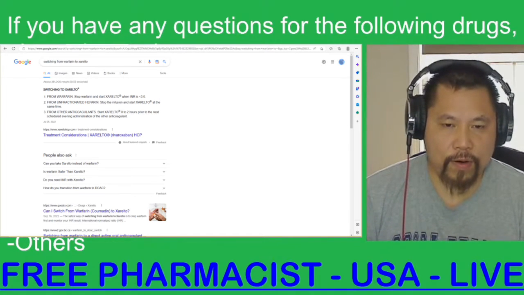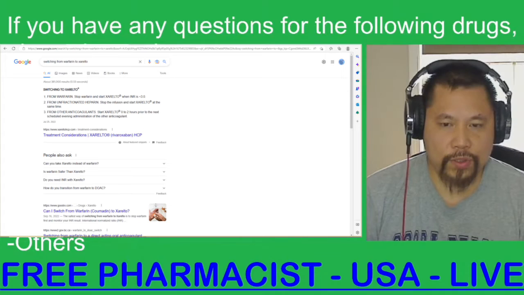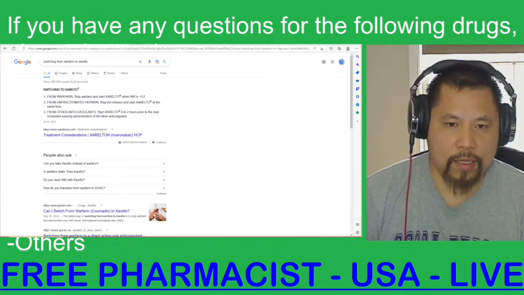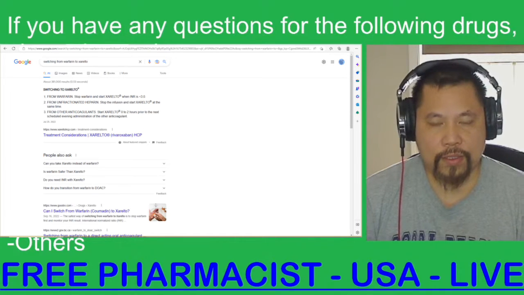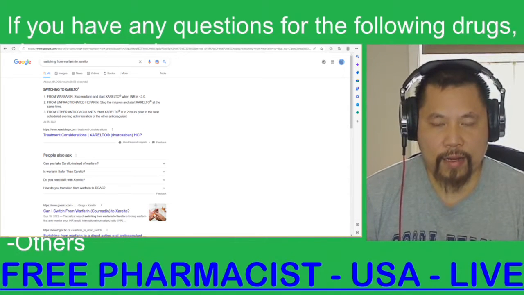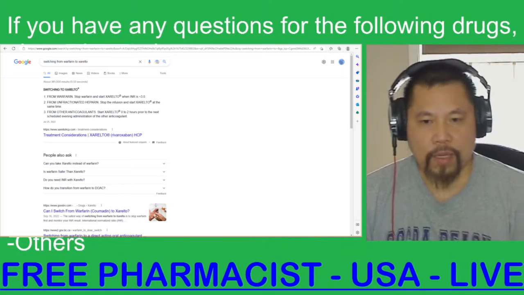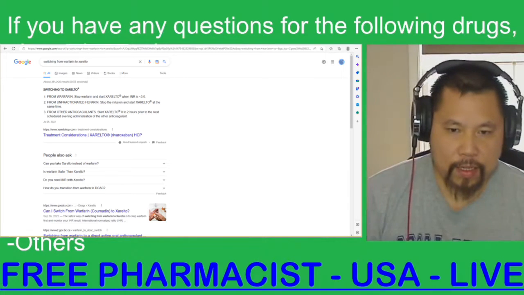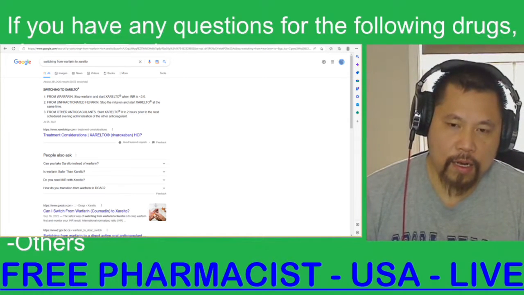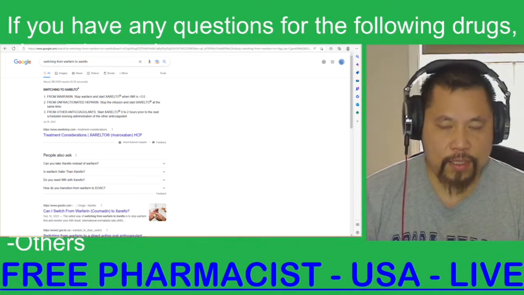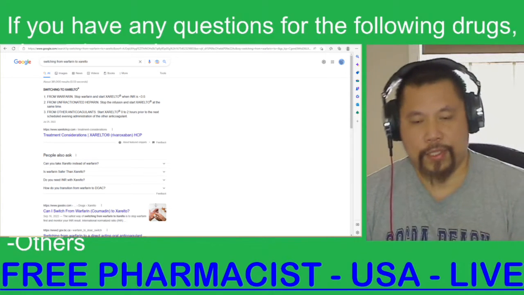But when you switch from warfarin to Xarelto, then you only need to know when the INR is less than 3. It's different for the hospital situation and the outpatient patient.